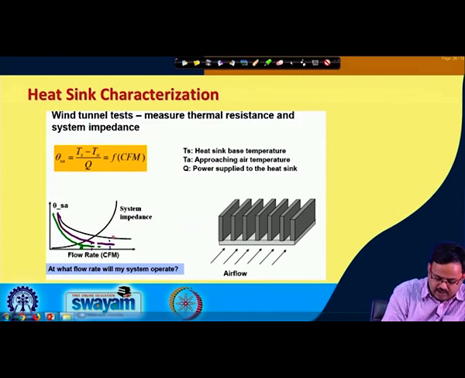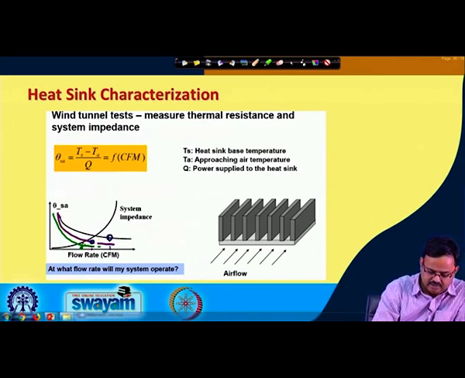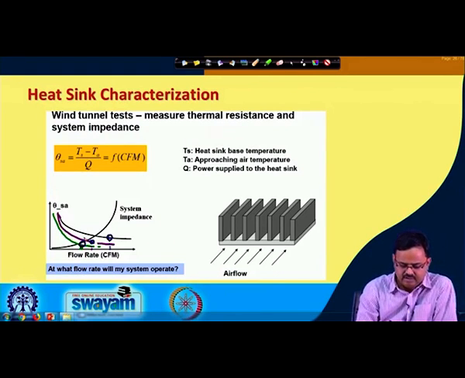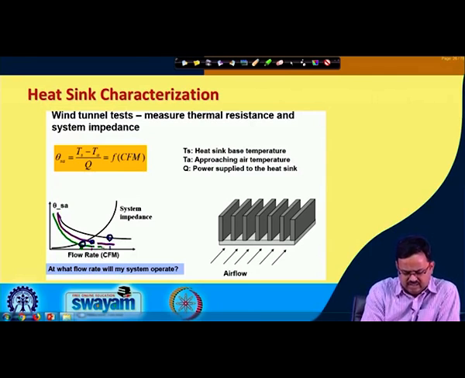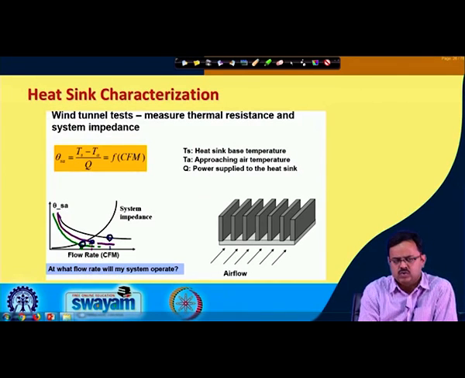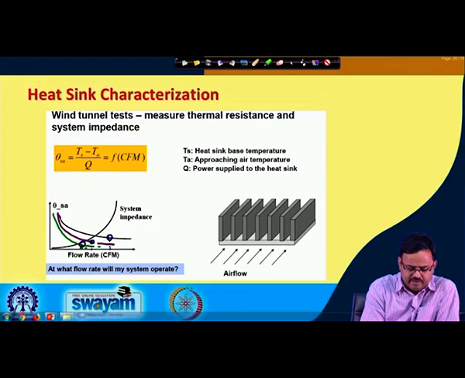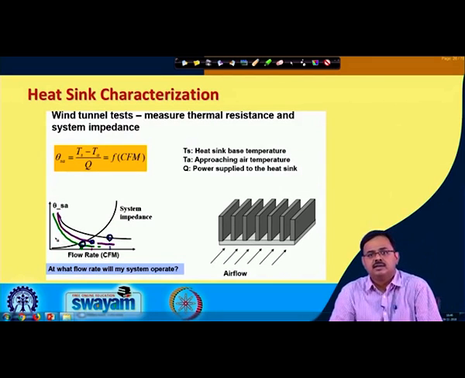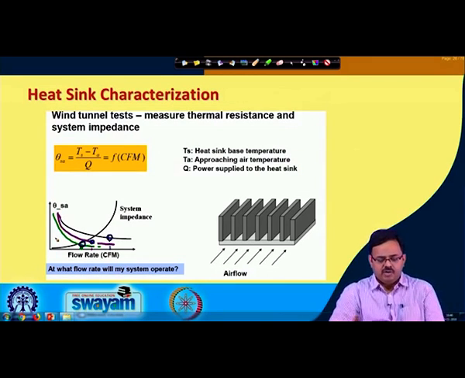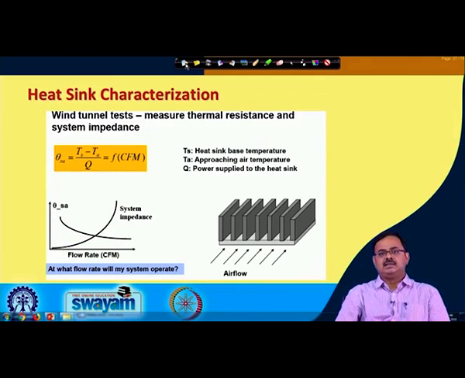So, I need to compare the thermal resistance here, this one and this one, and then is it really lower? Yeah, I can still say that it is lower, but it may so happen if this point instead of here corresponded to a much lower flow rate, then I would not have had any advantage. Clear? So, therefore, as I was saying, this is how we design heat sink.